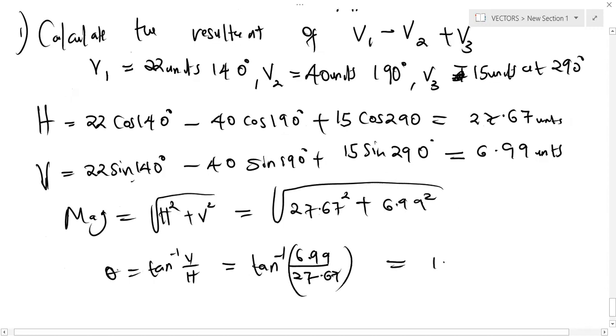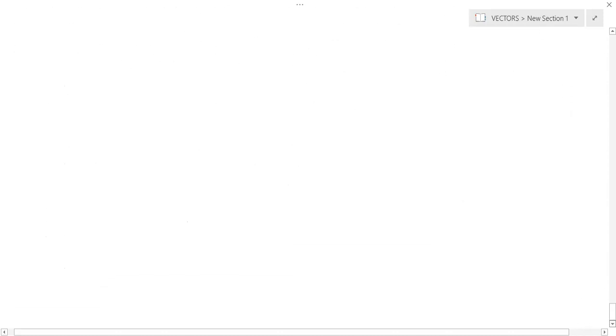This gives us 14.18 degrees. That's how we resolve a vector into its horizontal and vertical components.